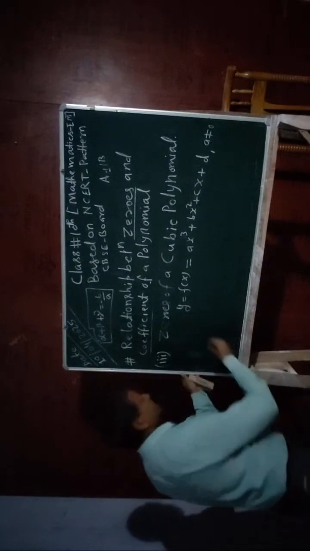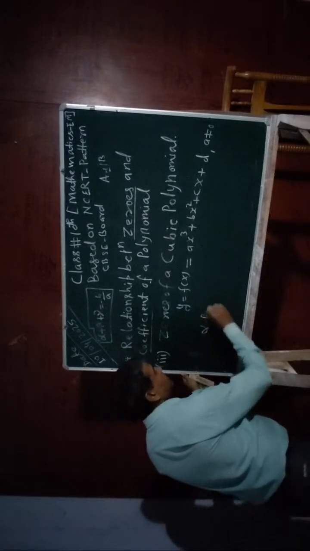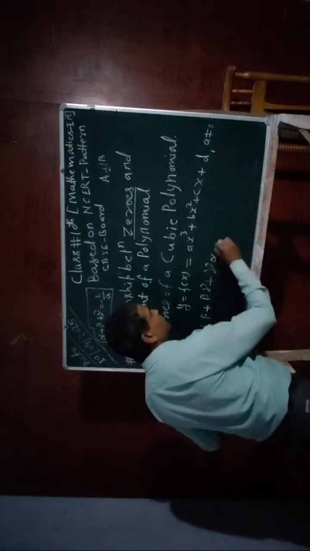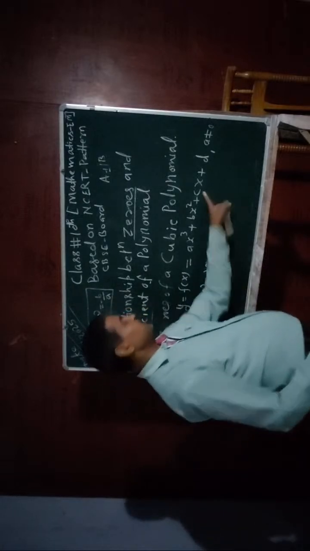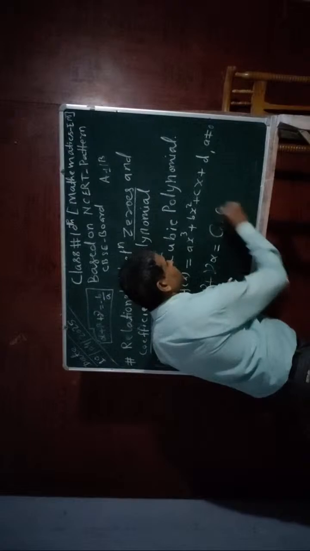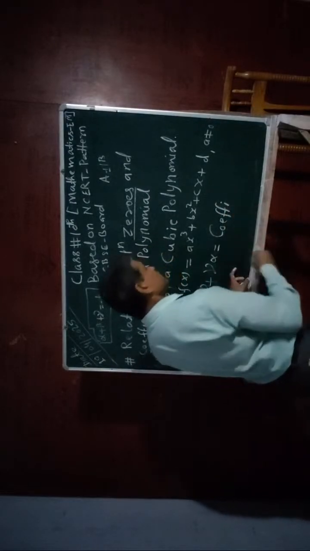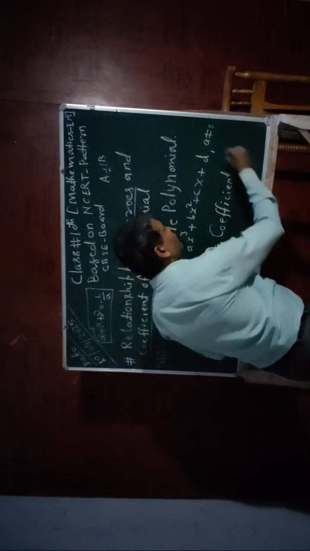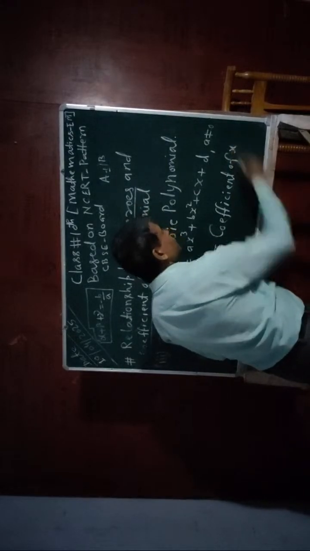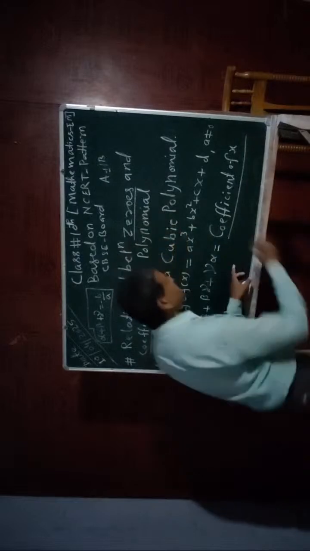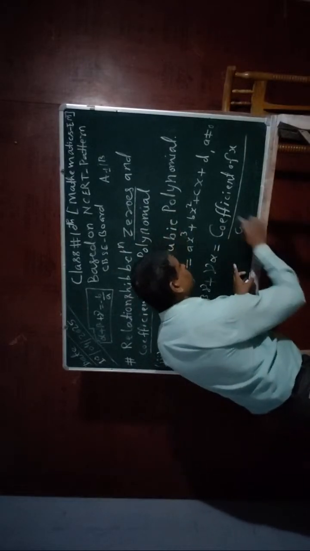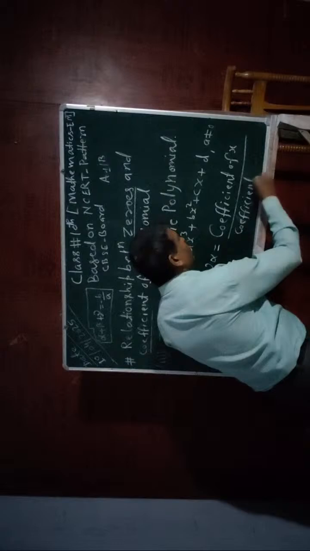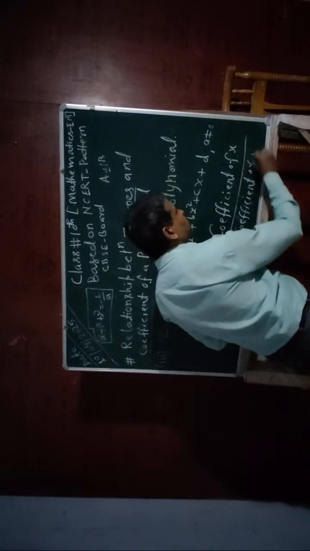I will write it like this: alpha into beta plus beta into gamma plus gamma into alpha, which is equal to coefficient of x divided by coefficient of x cube.